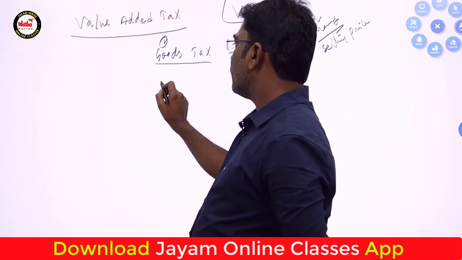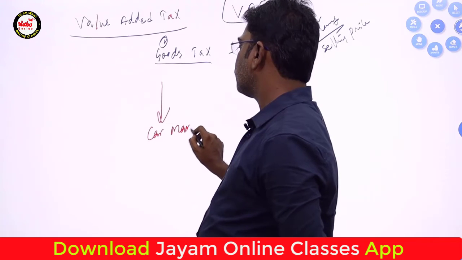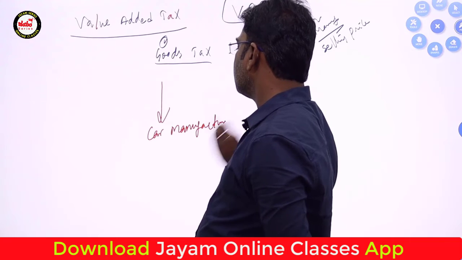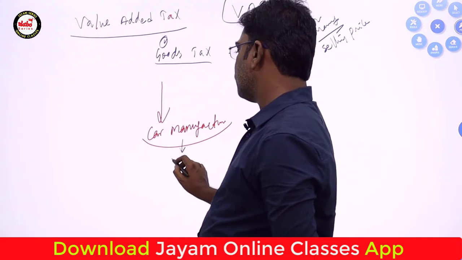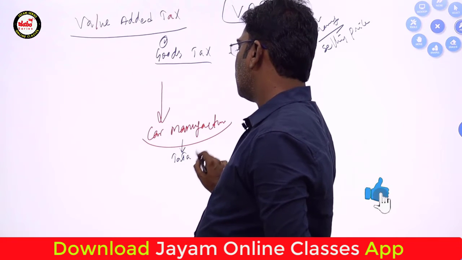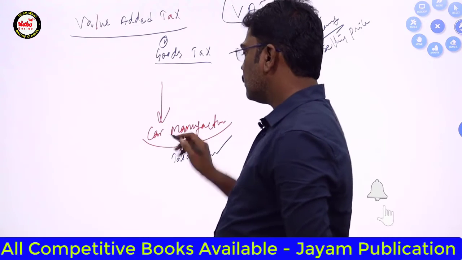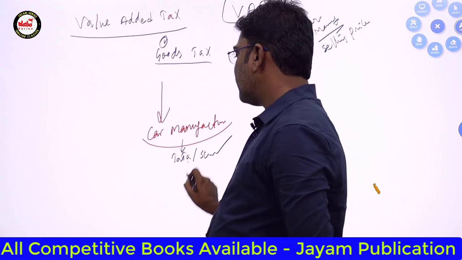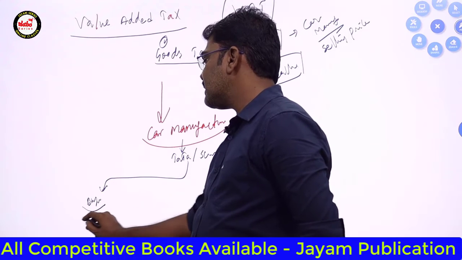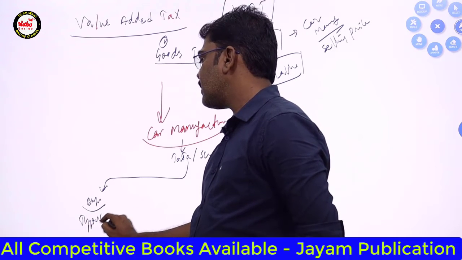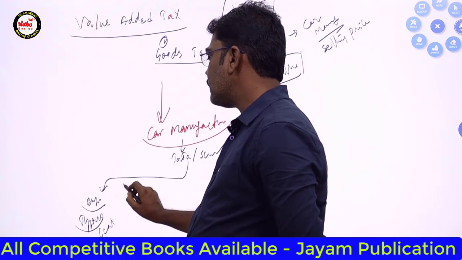For example, take the example of a car manufacturer. Next example, take some Tata, like Scorpio. This is a car which is being manufactured. For this, what they are doing is buying tires from one company, like Seat, and they paid the tax.